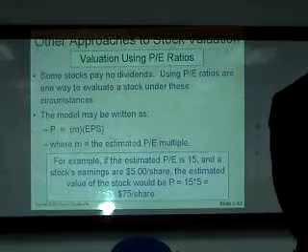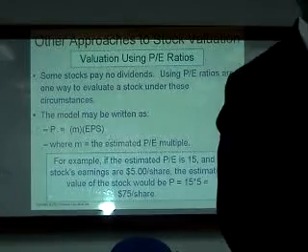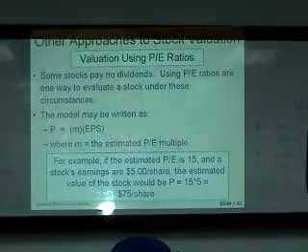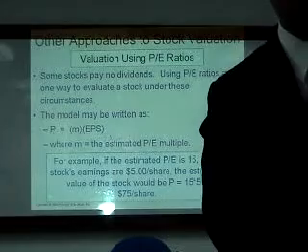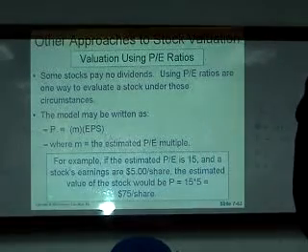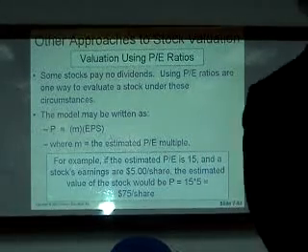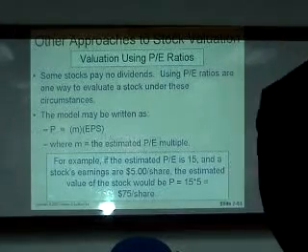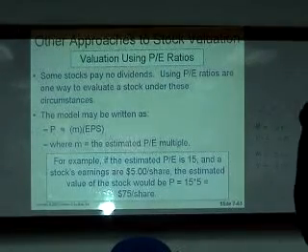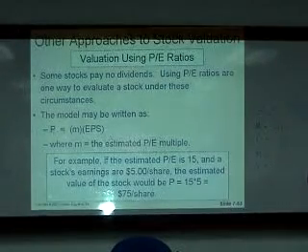For example, if the estimated PE is 15 and a stock earns 5 ringgit per share, so EPS is 5 ringgit, the estimated value of the stock would be P equal to 15 multiplied by 5, you get 75 ringgit per share.